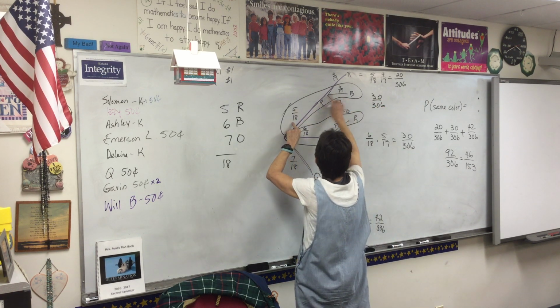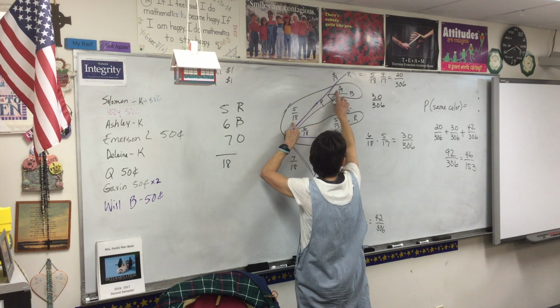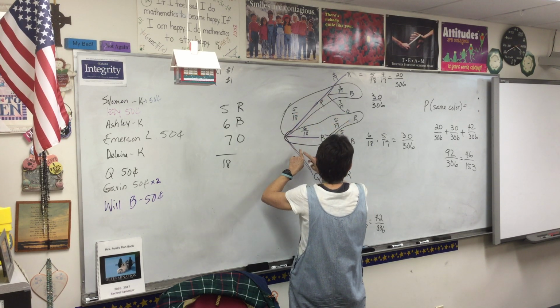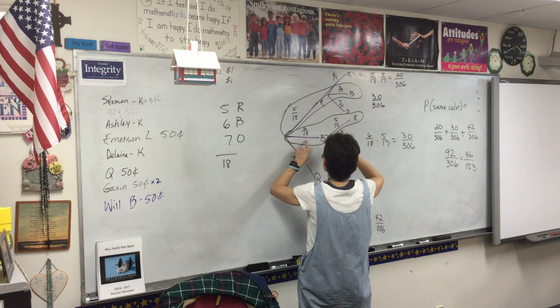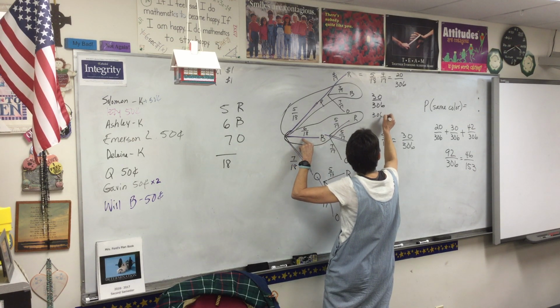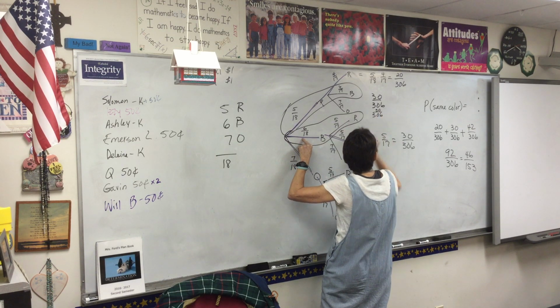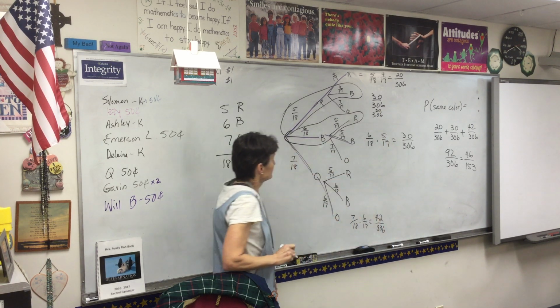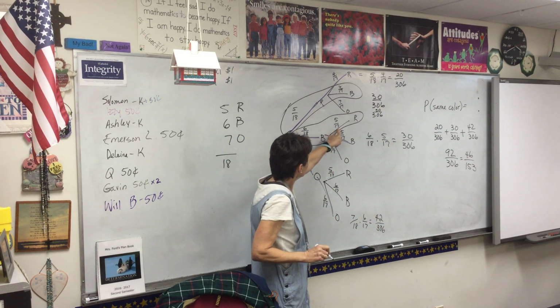will be 30 over 306. Remember, we're multiplying. And this one, oh, is that also 30 over 306? This times this.